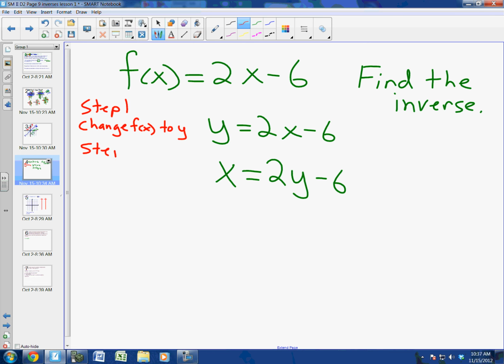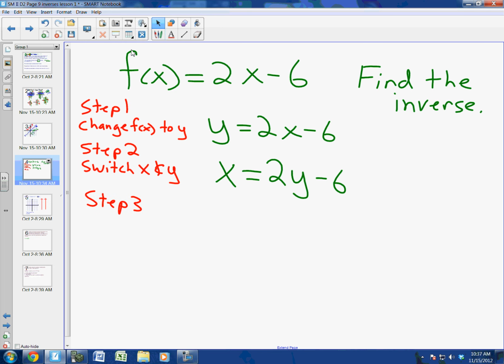Switch x and y. Y equals 2x minus 6, and then x equals 2y minus 6.